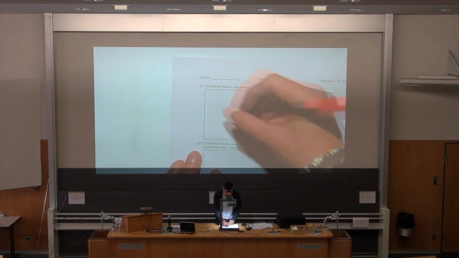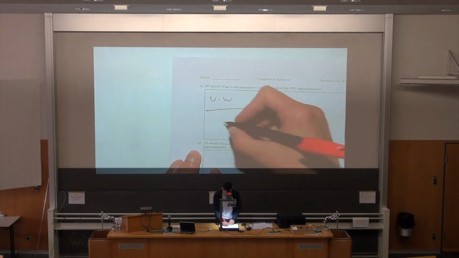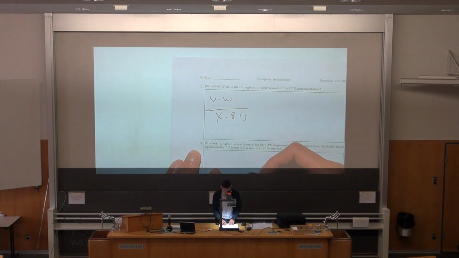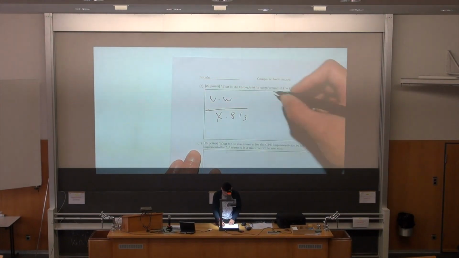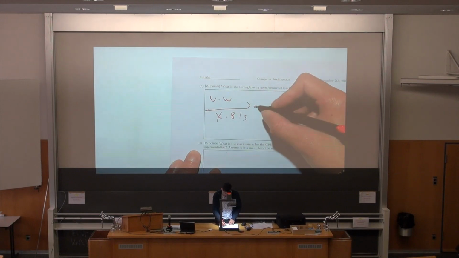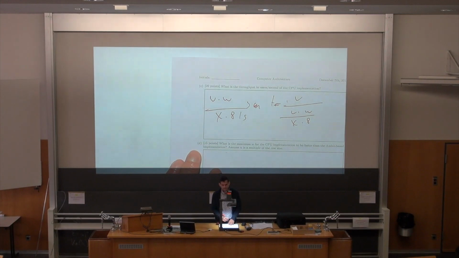So the size of this table is U times W, and it takes X bytes per second, so 8 bits per second to load everything. So in the end, this is the seconds. So the throughput is going to be U divided by U times W times 8 divided by X. So it's only this.